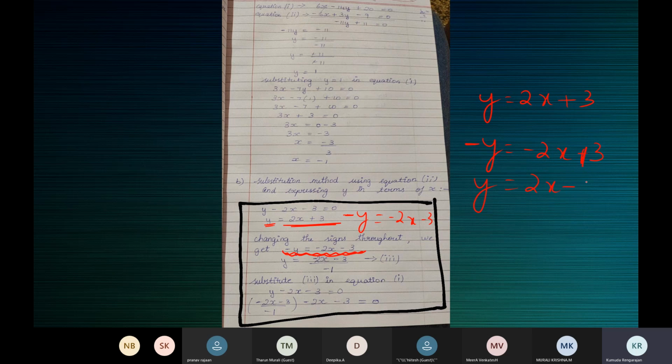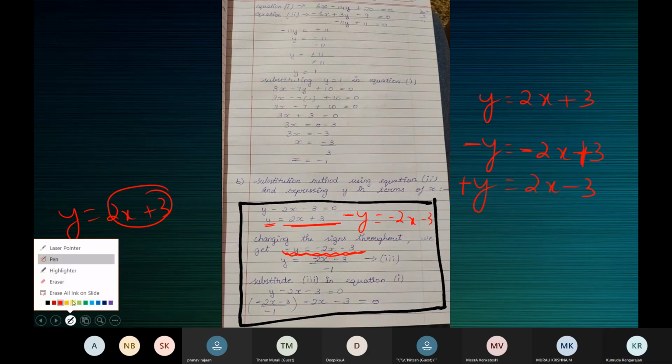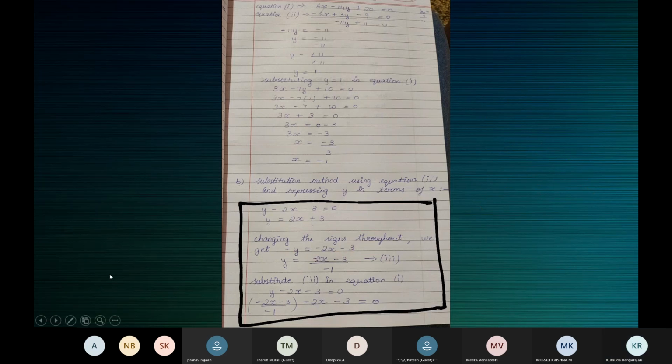Supposing this was plus 3, then you write it as minus 3: minus y as plus y, minus 2x as plus 2x, plus 3 as minus 3. Yes, so this is sufficient. Y is equal to 2x plus 3 is sufficient. Now you'll have to substitute this in the other equation.